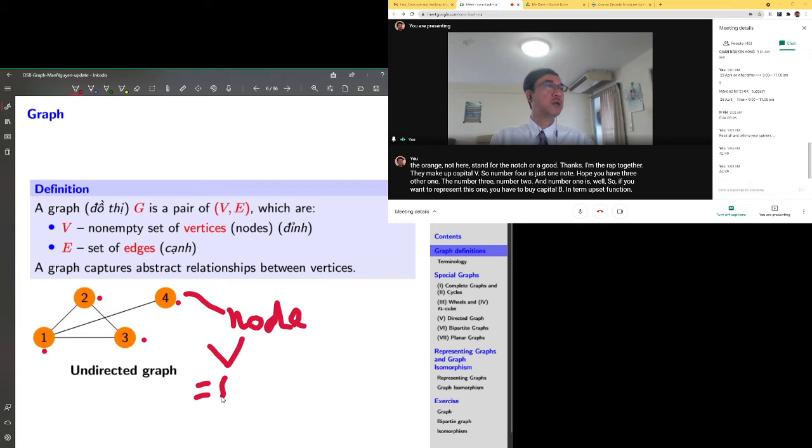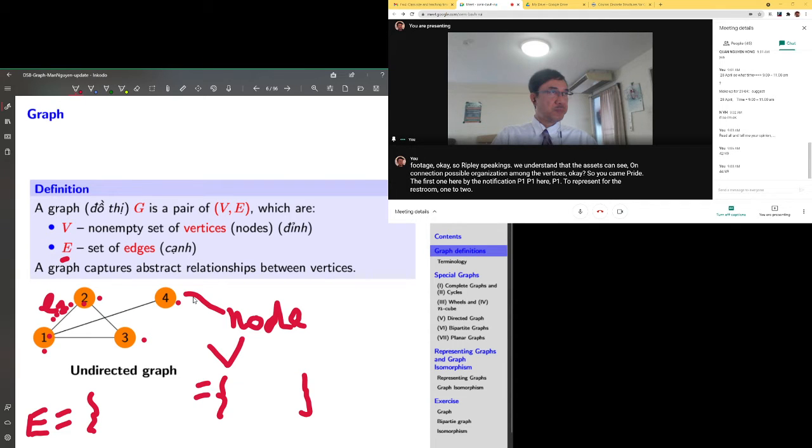Then we move on with the edges. So by default, the connection between 1 and 2, we call the first edge. Okay, so briefly speaking, we understand that the edge set consists of possible connections among the vertices. So you can write the first one with the notation E1, to represent the edge from 1 to 2.